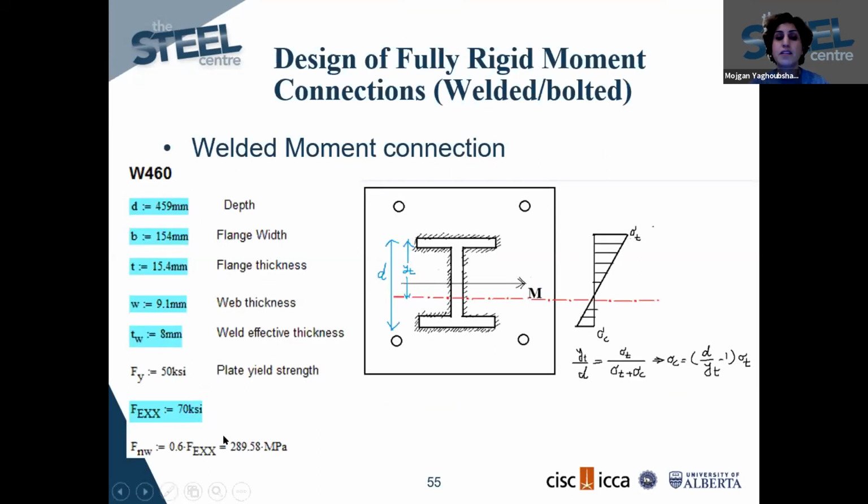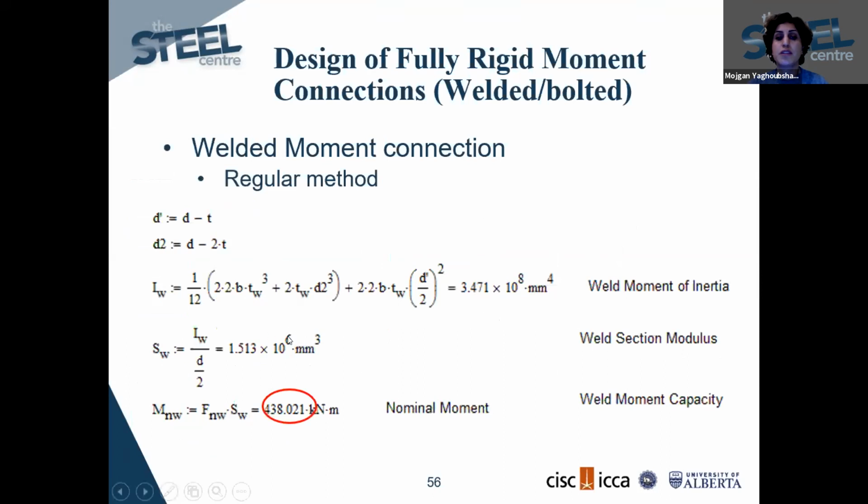So if we use the conventional method, how do we approach it? We just calculate the section properties of the weld. We don't even look at the I-shaped, W-shaped profile.